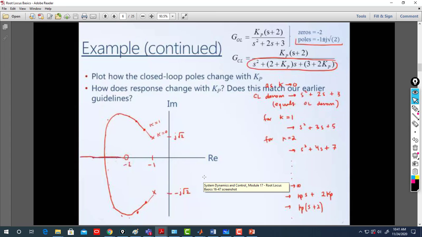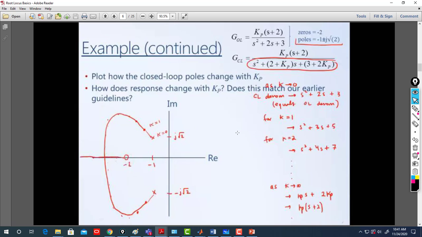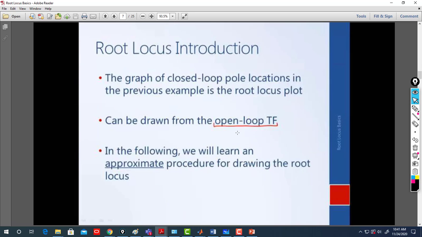All right. Now, knowing that, we'll start to learn how to draw the root locus. The graph of the closed loop pole location in the previous example is the root locus plot. It can be drawn from the open loop transfer function.